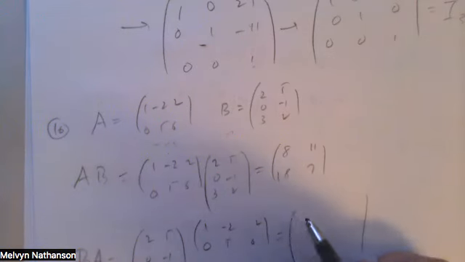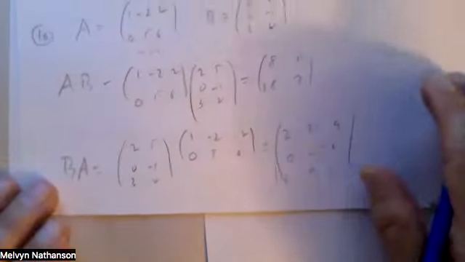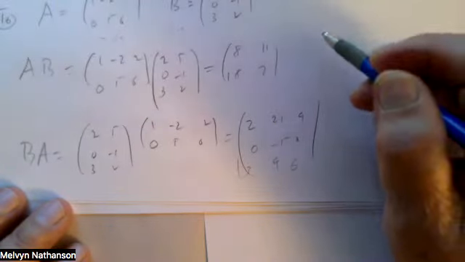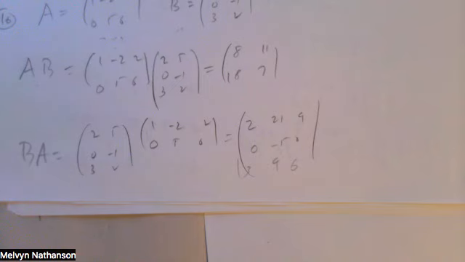This will be 2, minus 4 plus 21, 4. 0 minus 5, 0. 3 minus 6 plus 10, 6. And see, these are very different, right? It's not just that AB is different from BA, the matrices are different shapes.